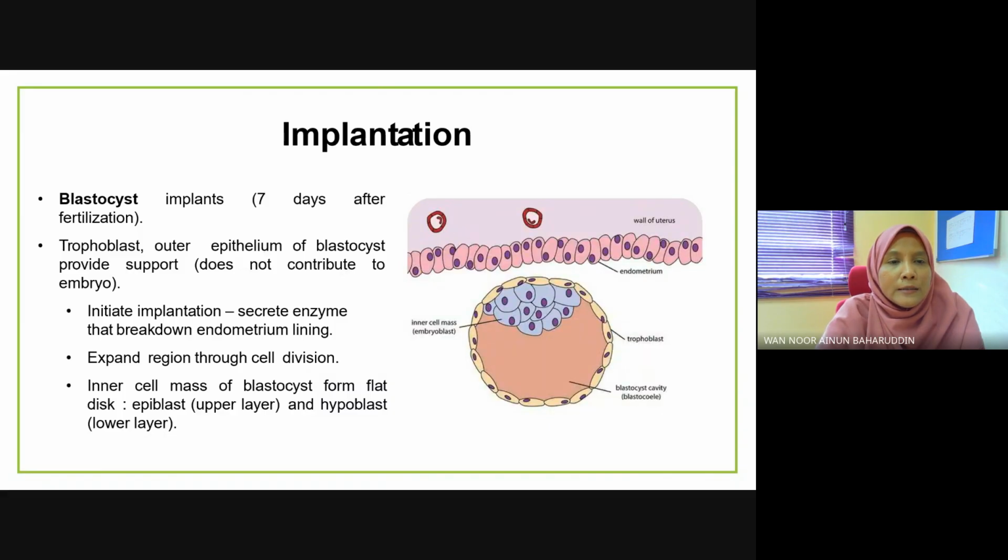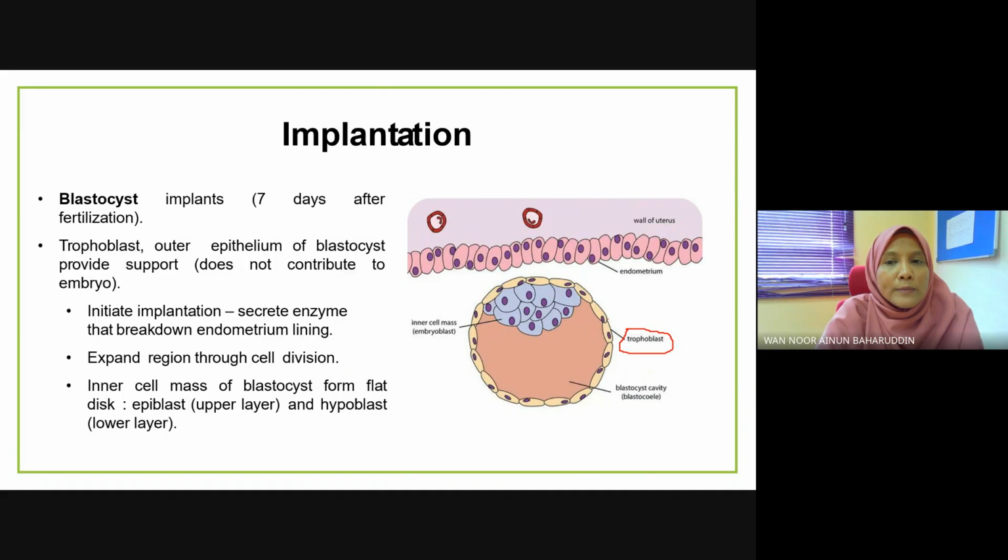Then during implantation, the blastocyst will be implanted 7 days after fertilization. The outer layer of the blastocyst is what we call the trophoblast. It's the epithelium of the blastocyst that provides support, but it does not contribute to the embryo.